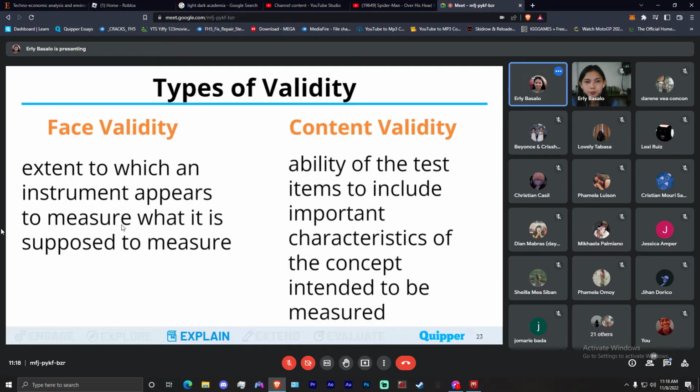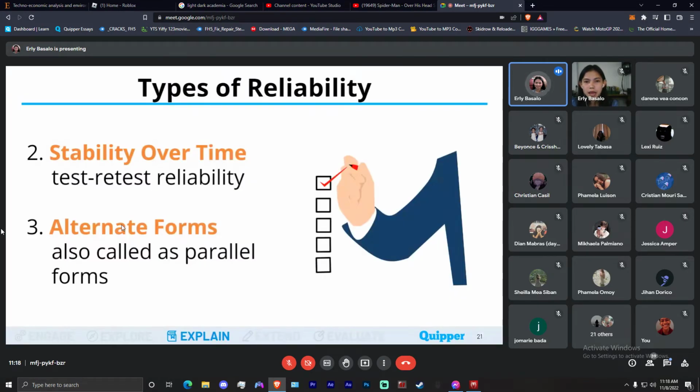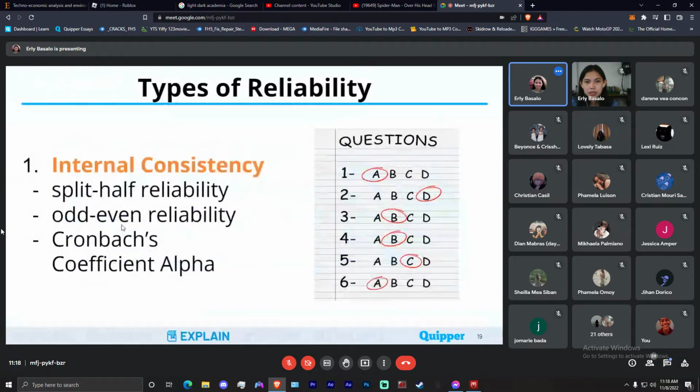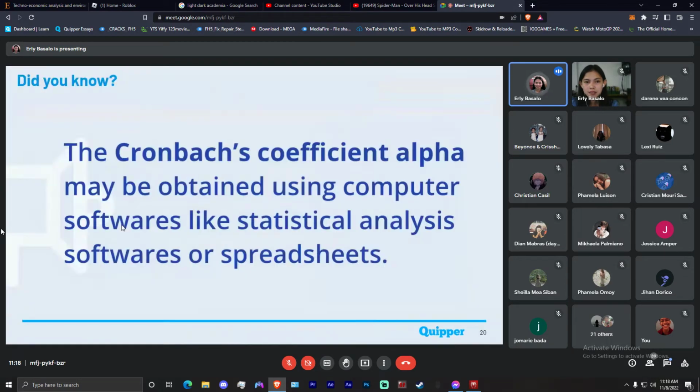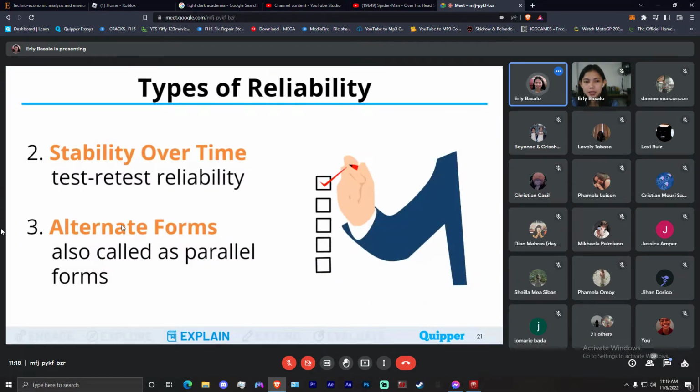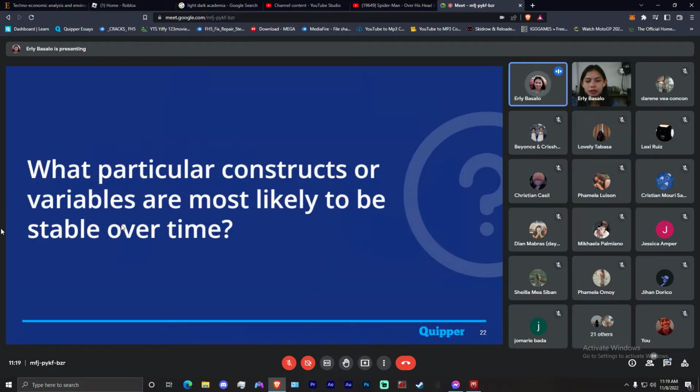So those are the different types of reliability: internal consistency, stability over time, alternate forms. I recommend you to use the stability over time type of reliability.